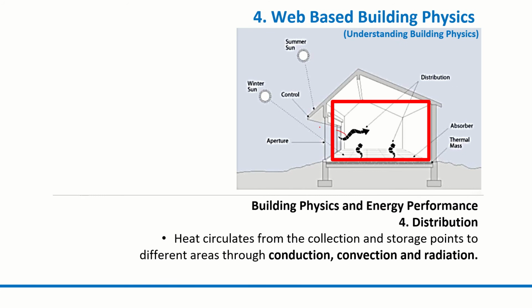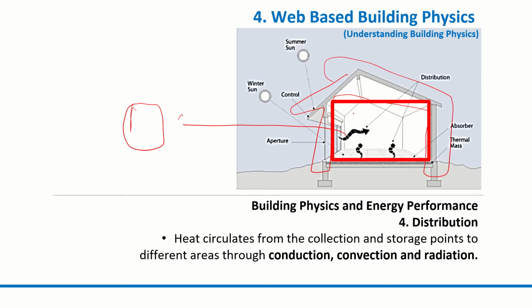The fourth component is what happens internally. You must have studied this in the introduction to building sciences as well, where we talk about conduction, convection, radiation, right? So we have some physical components, and different ways in which they can be understood.